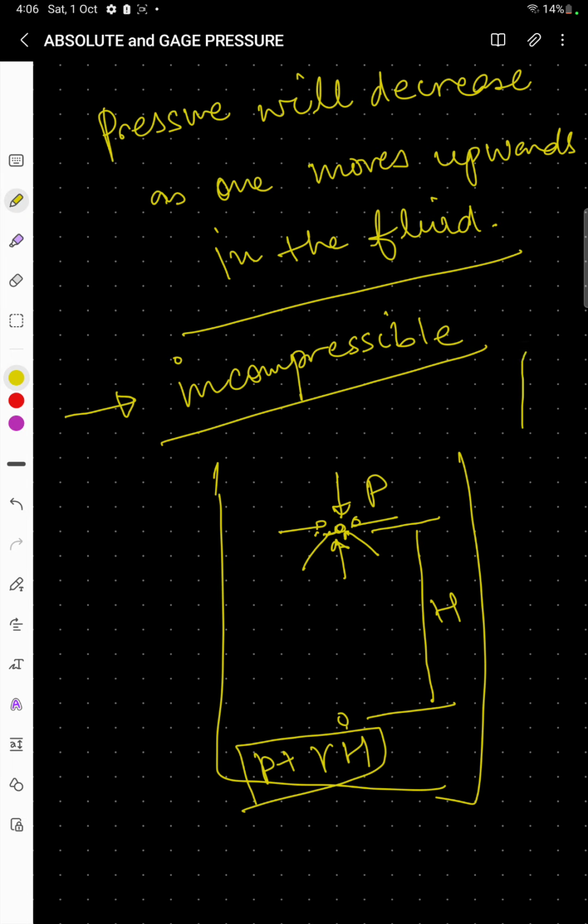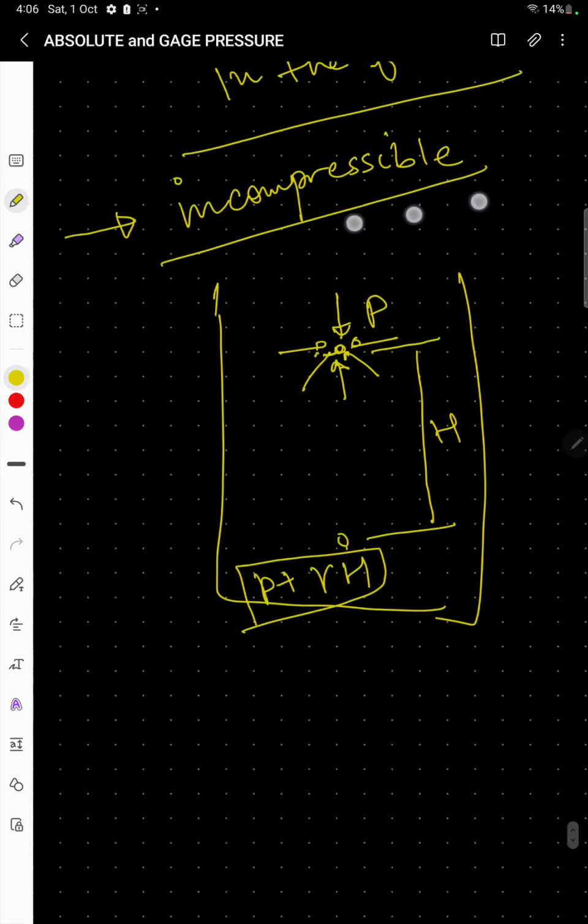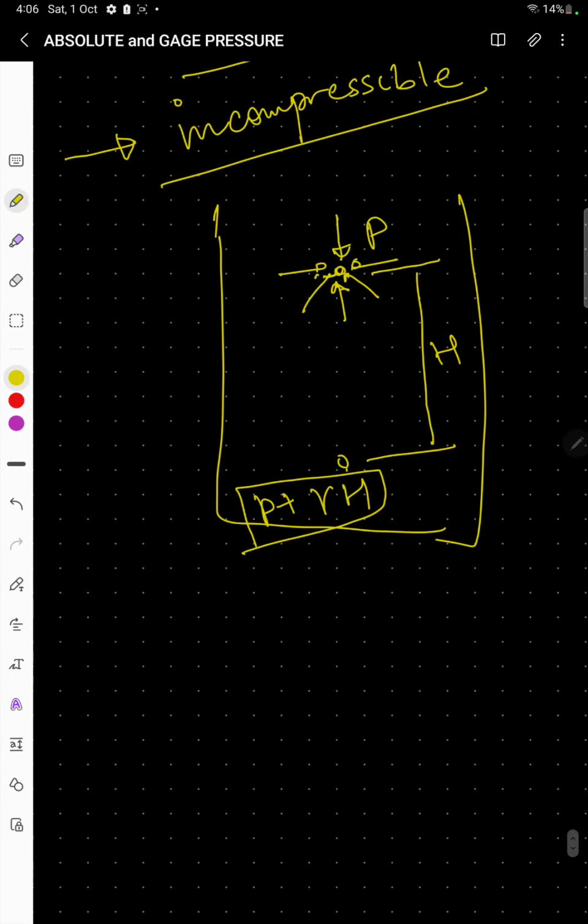Already we have seen that at deeper depths of the sea, even if we consider the fluid compressible, the change in density is hardly 2 to 4%. Okay, so that's all for today's class.